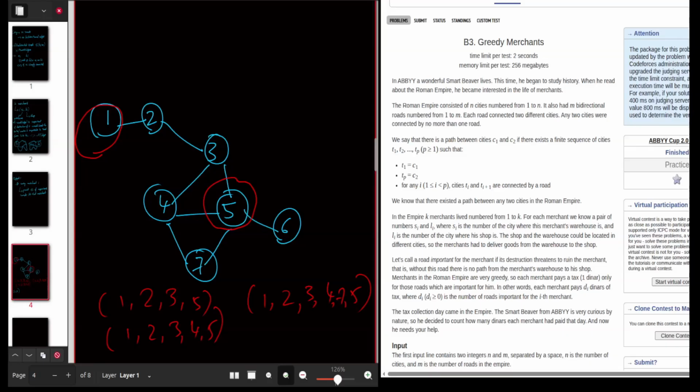So this will act as a cut edge when 6 is part of the merchant's locations. So for every merchant, we have to calculate the number of cut edges he has in those paths. That is our goal.